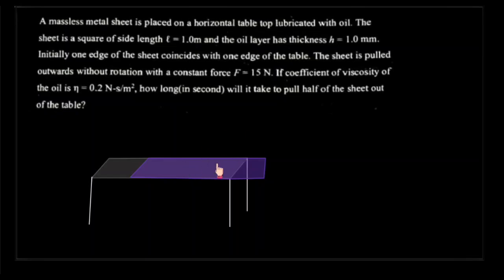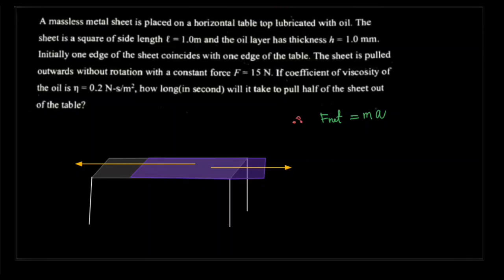This sheet is massless. According to Newton's second law, F net is equal to M into A. Here one force is in the forward direction, 15, and there is a friction acting in the opposite direction.